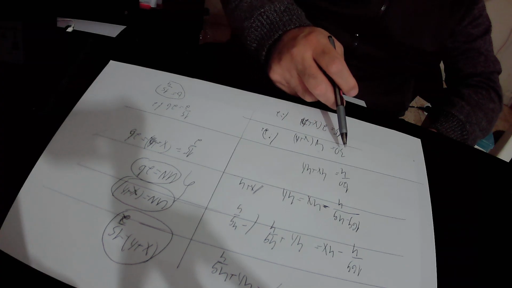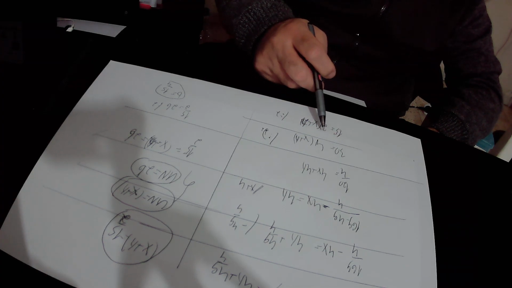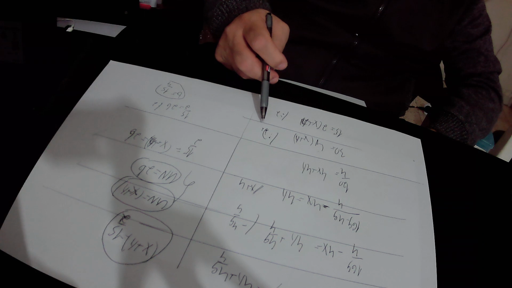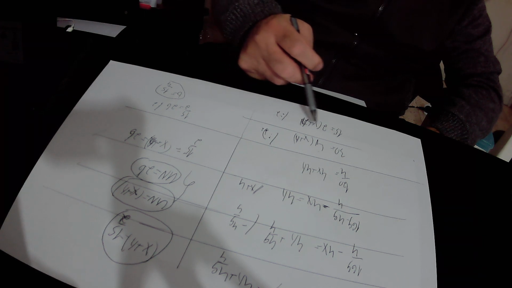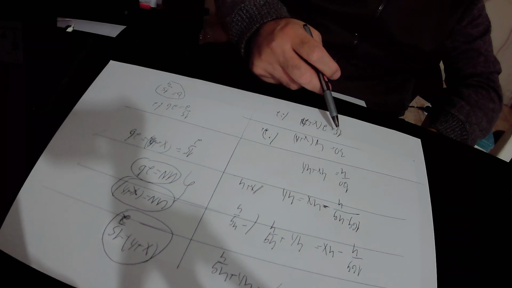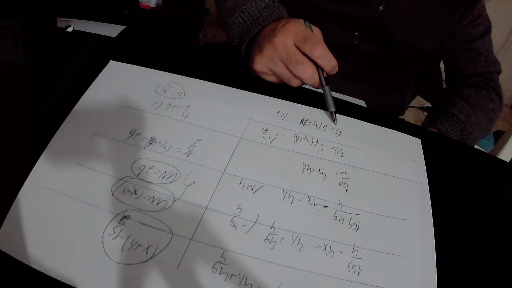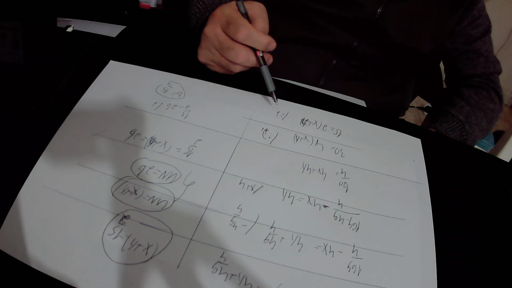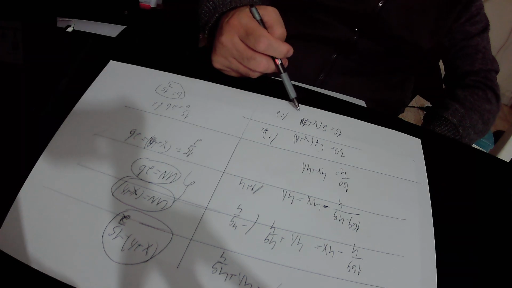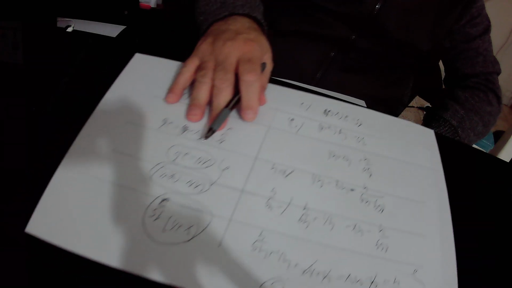So 120 over 4 is 30, so in total 30 equals 4 times (x plus h). We divided this equation by 2 and found that 15 equals 2 times (x plus h). Then we divided this equation by 2 and finally found that x plus h equals 15 over 2.